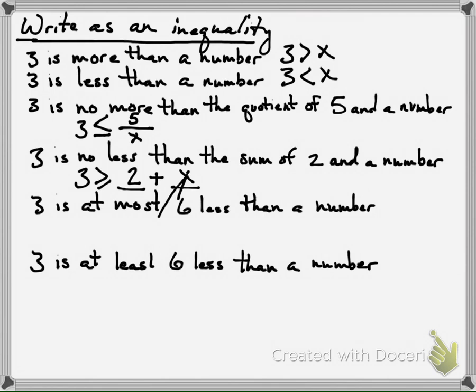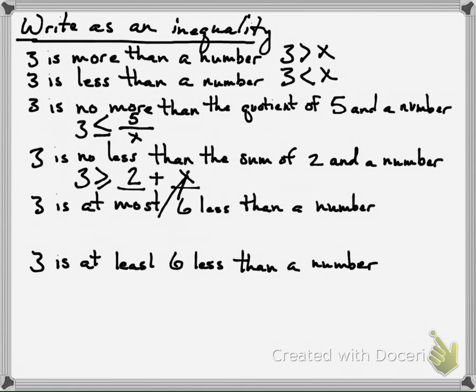So next one here. 3 is at most 6 less than a number. Okay, so if something's at most, let's say you're at the store and folks say we can spend at most $30 on this shirt or whatever it is you're buying. So at most, it's not greater than.